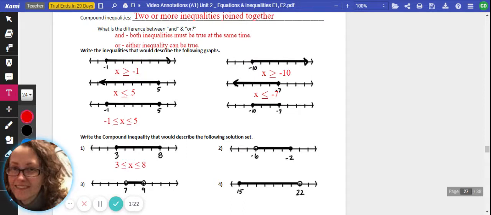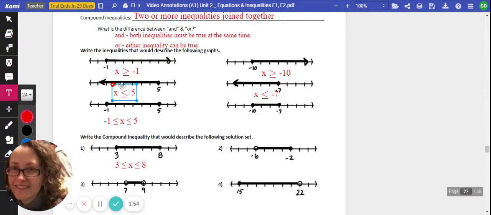Because my shading is greater than -1, I want my x values, which represent my shading, to be greater than or equal to -1, and the equal to comes from the fact that my circle is filled in. In my second problem, again, filled in circle, shaded to the right, so x is greater than or equal to my critical number, which is -10.